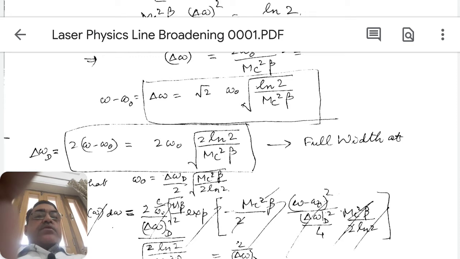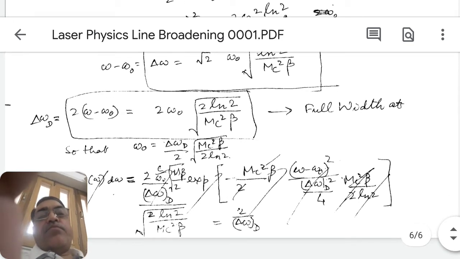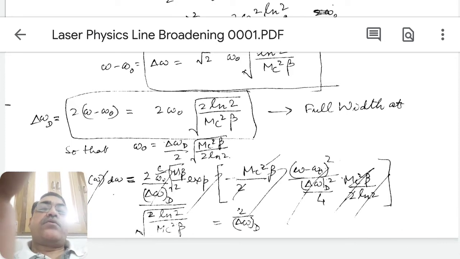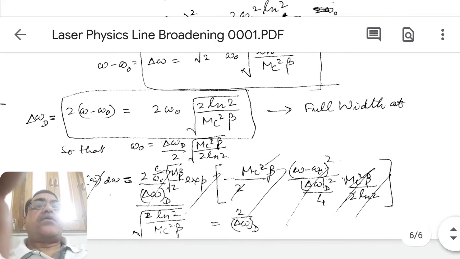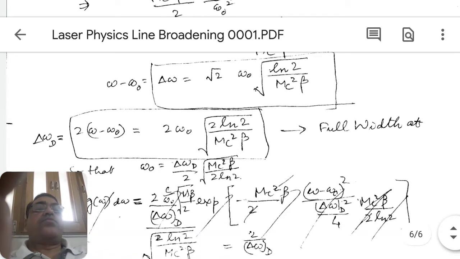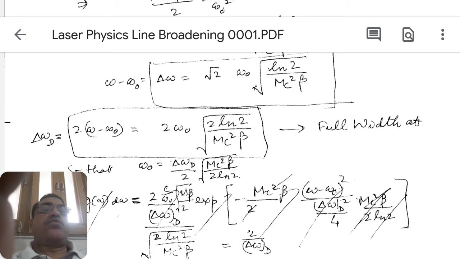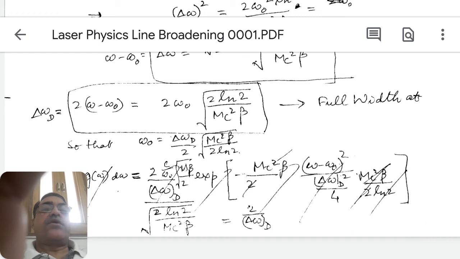Now this is one width, and to find the FWHM we make it twice. So what we obtain, twice delta omega is equal to 2 omega naught under root of 2 natural log 2 by mc square beta, which is the full width at half maximum, FWHM.